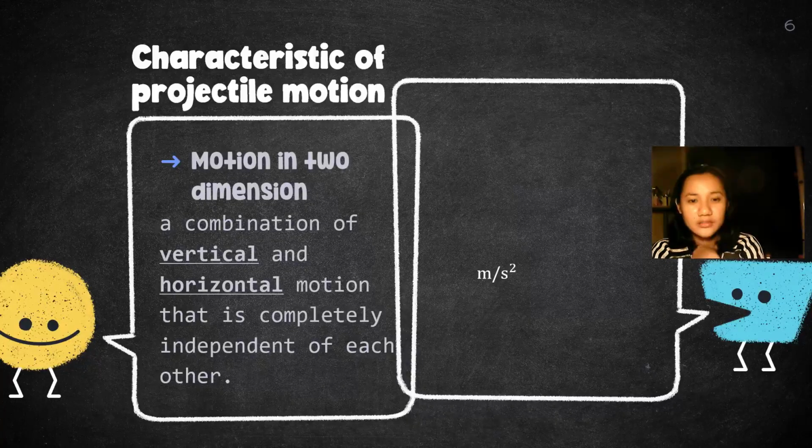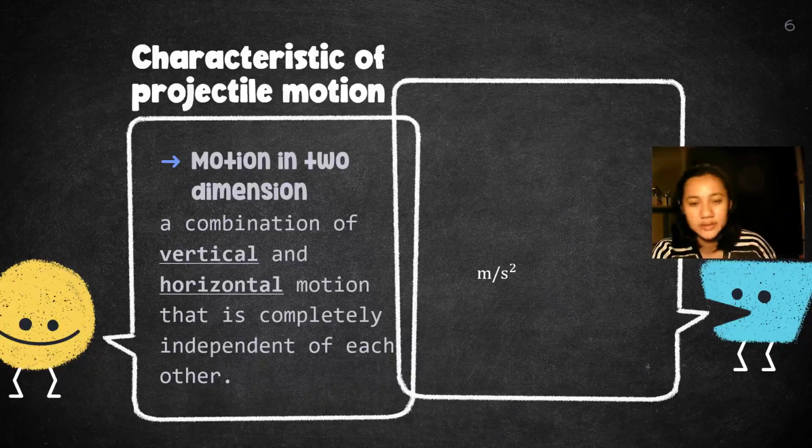Okay, kaya nagkakaroon ng curved path ng projectile motion. Kasi nga, dalawang motion or dalawang klase ng motion ang magkasama, no?